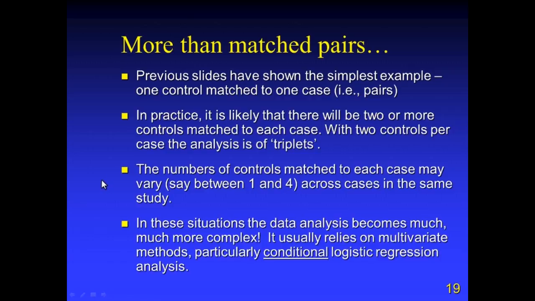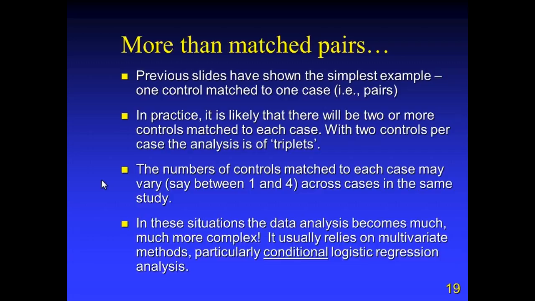The illustration I showed you was the very simplest example, which is just matched pairs, one case, one control. But it's often the case in practice that you might have two controls per case, in which case you have triplets, or anything up to, say, 4 or 5 controls to one case, and it can be more.